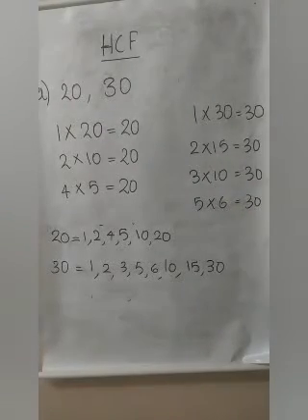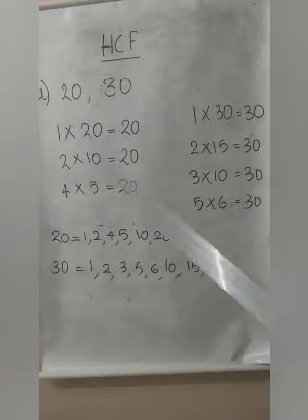So here first we are finding the HCF by finding its common factors. That means first we are finding the factors of the given two numbers and from that we compare which are the common factors and then we find the highest common factor. So first we are finding the factors of 20 and 30. What are the factors of 20?